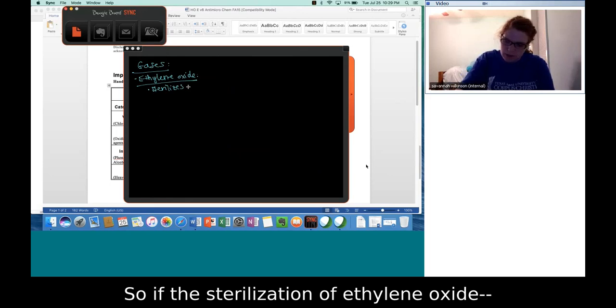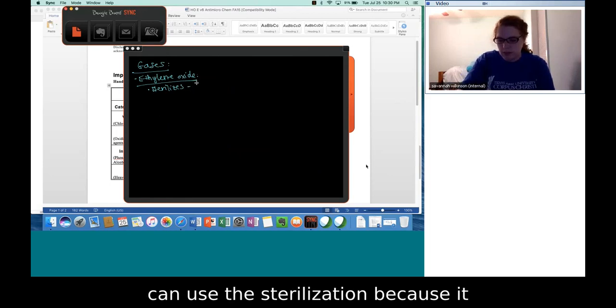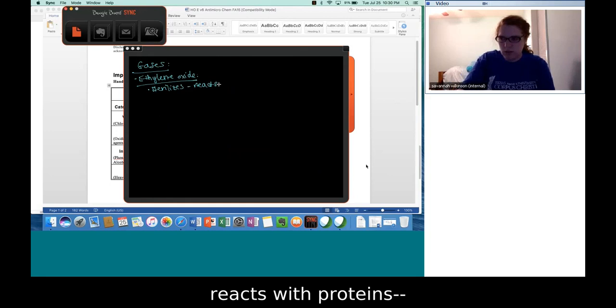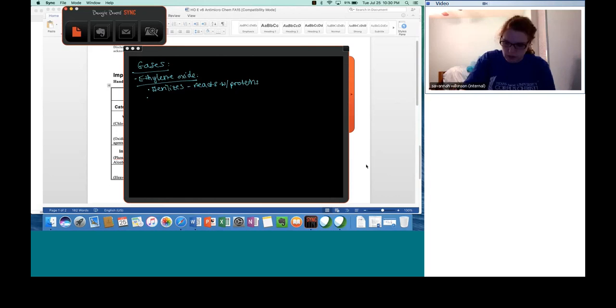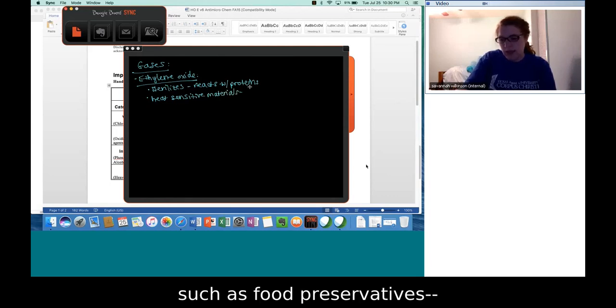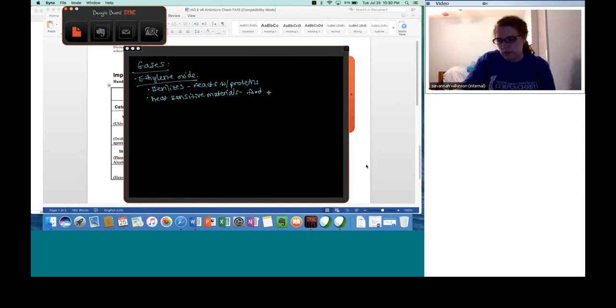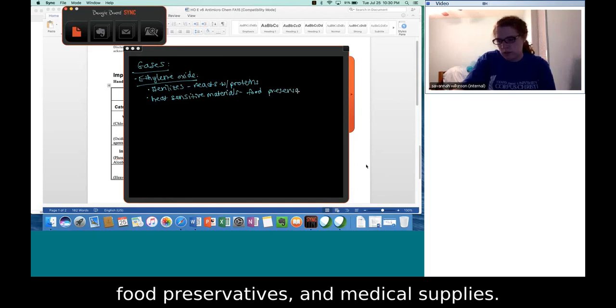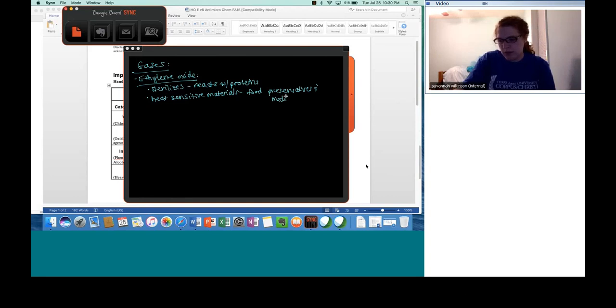So ethylene oxide can be used for sterilization because it reacts with proteins. It can be used on heat-sensitive materials such as food preservatives and medical supplies.